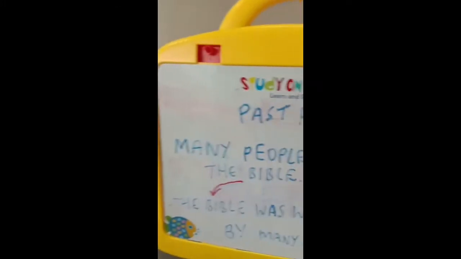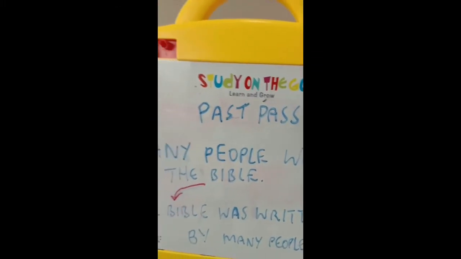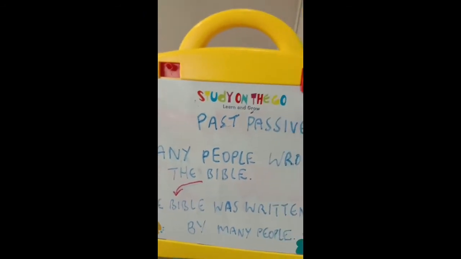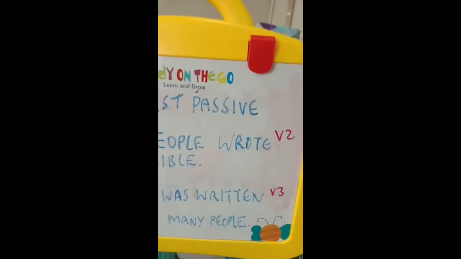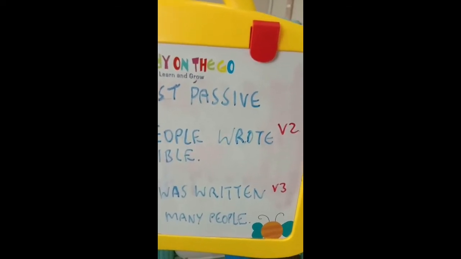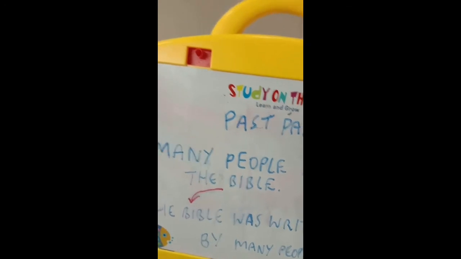So let's look at another example here. Past passive. Many people wrote the Bible. So the past tense of write is wrote. So this one is the active one.